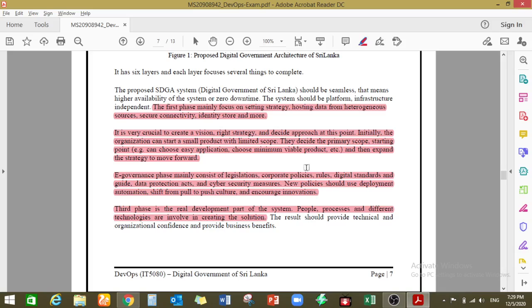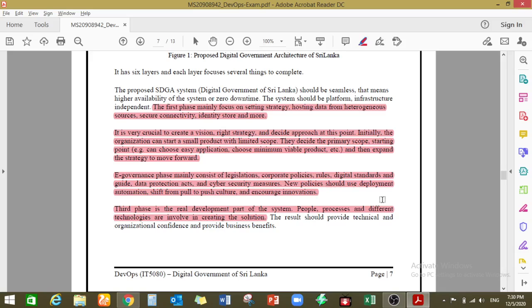Initially, the organization can start a small product with a limited scope rather than going for the whole project. Then they decide the primary scope and the starting point, where they can choose an easy application, or a minimum viable product, etc. And then they expand the strategy to move the system forward.